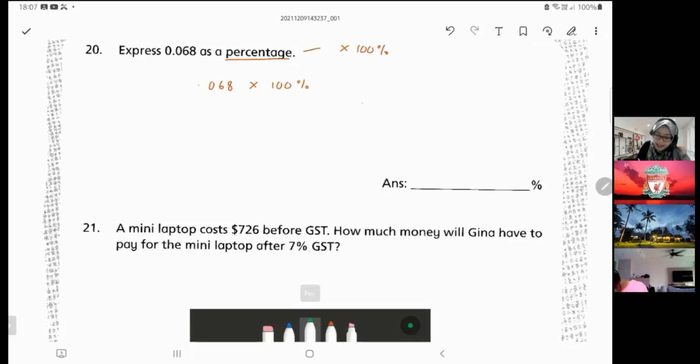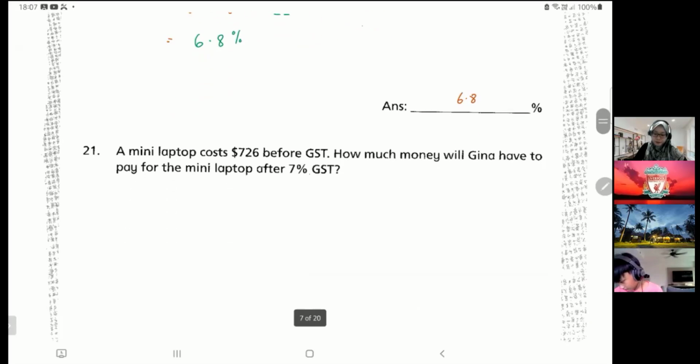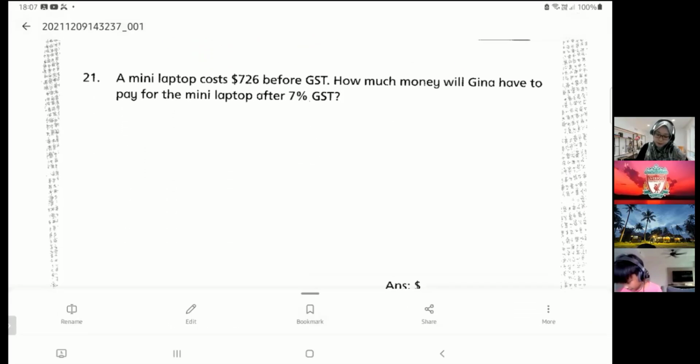You take it like it is 100. When I times 100, I'm going to move the decimal place. How many places? Look at the zeros. 2 places to the right. 1, 2. Put the point here. So it's 6.8, percent. Done. This is the answer: 6.8%.